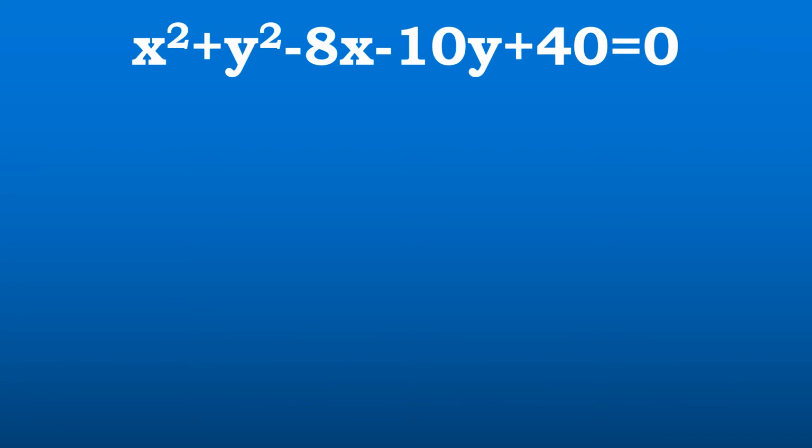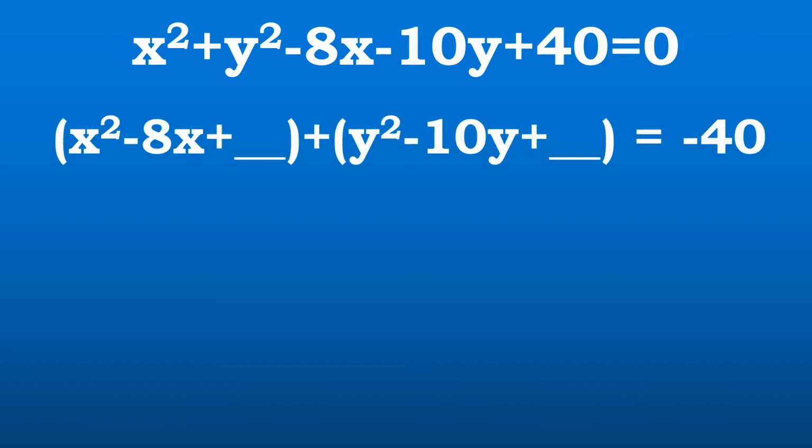So, we have x squared plus y squared minus 8x minus 10y plus 40 is equal to 0, yung ating general equation. I-group nyo lahat ng may x, i-group lahat ng may y, ilipat natin yung constant. Change the sign. So, you have x squared minus 8x plus blank plus y squared minus 10y plus blank is equal to negative 40.